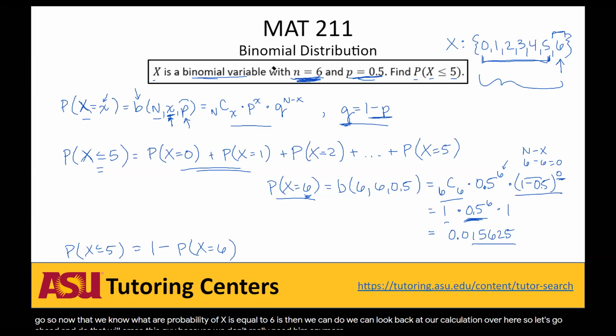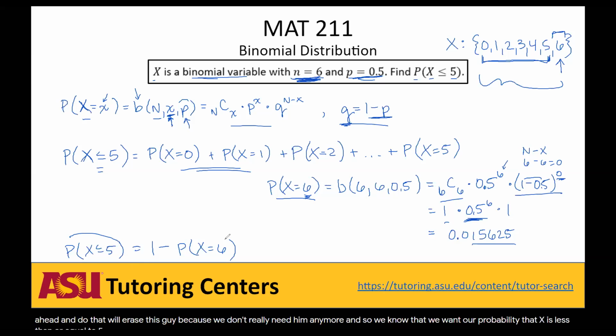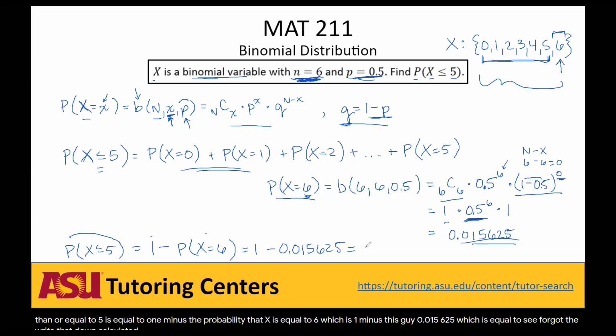And so we know that our probability that x is less than or equal to 5 is equal to 1 minus the probability that x is equal to 6, which is 1 minus this guy, 0.015625, which is equal to, let's see, I forgot to write that down calculated.